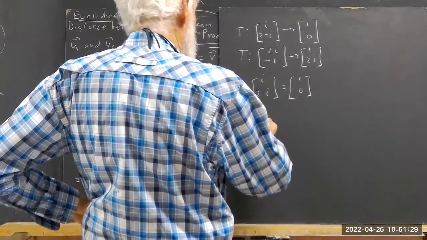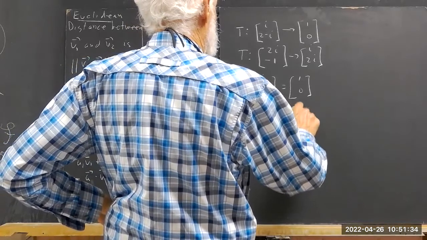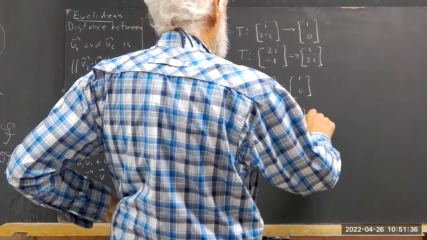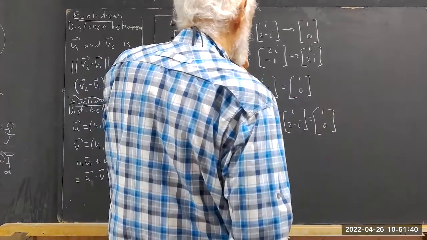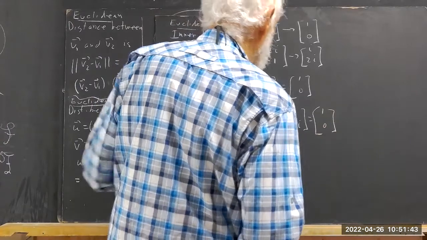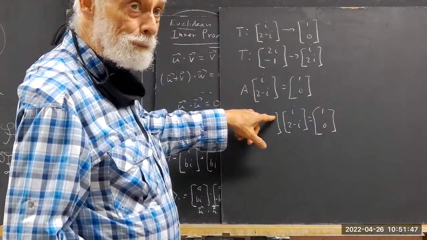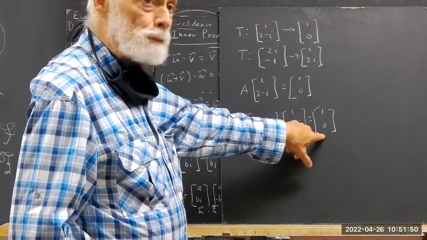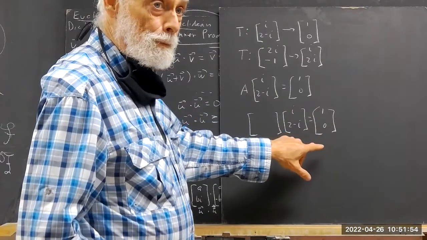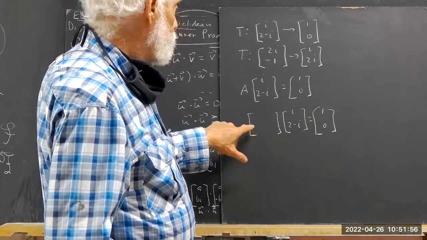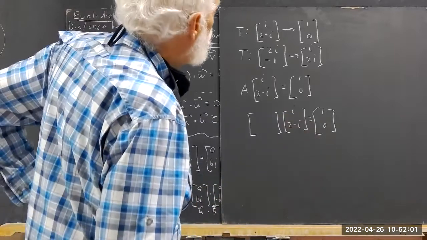This means you're going to have to find a number here and a number here to make this 1, and numbers here that make this 0.